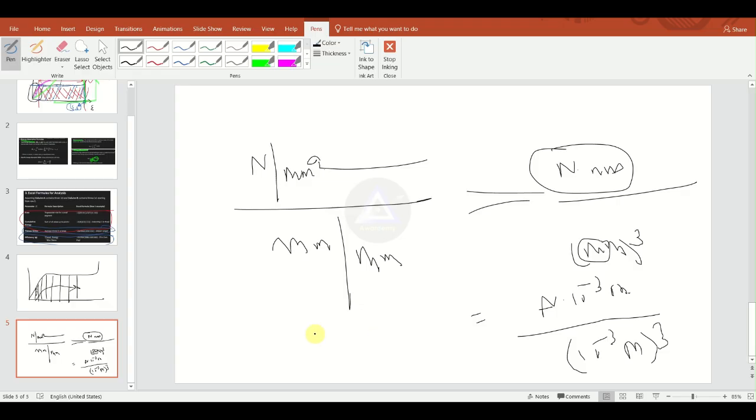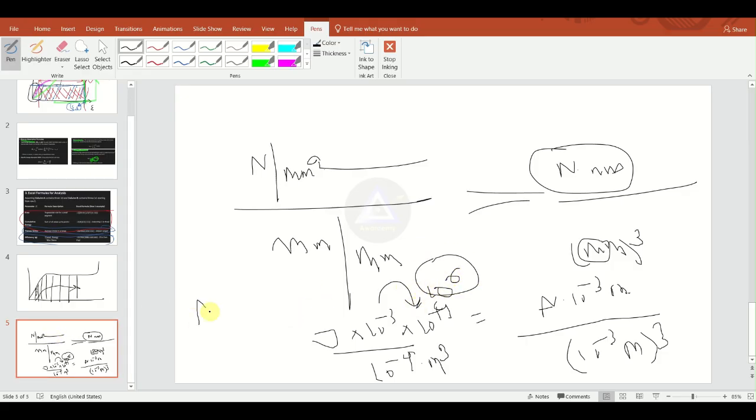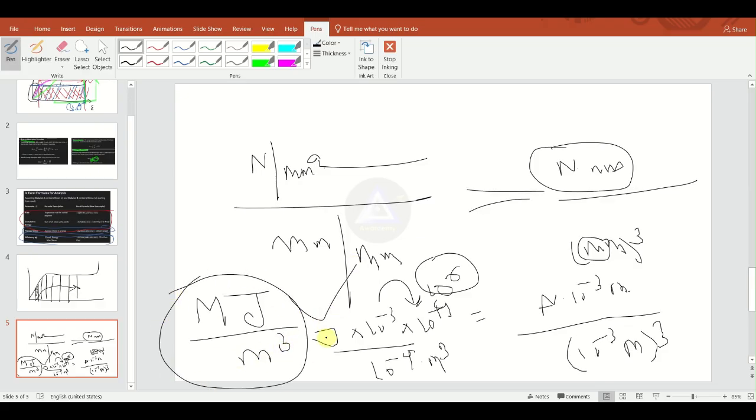So this Newton meter is joule, and 10 to the power of minus 9 meter cube. Now this 10 to the power of minus 9 goes up, then becomes plus, so it is 10 to the power of 6. So this is mega joule divided by meter cube. So this is our unit, and you can use this unit there.